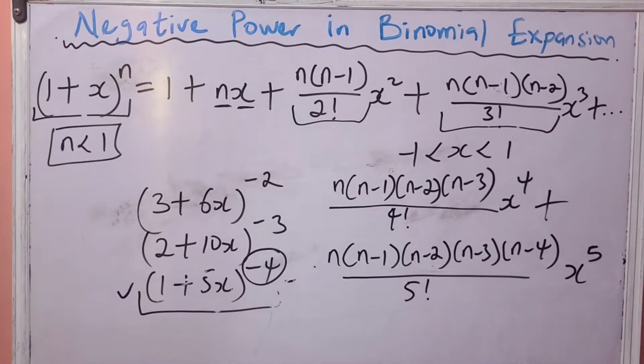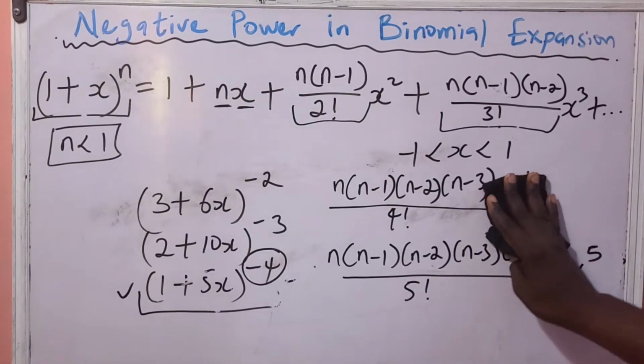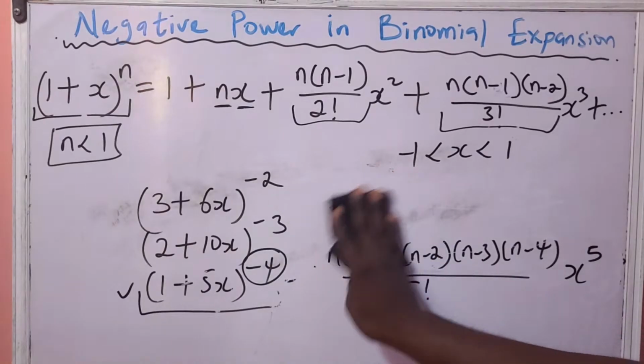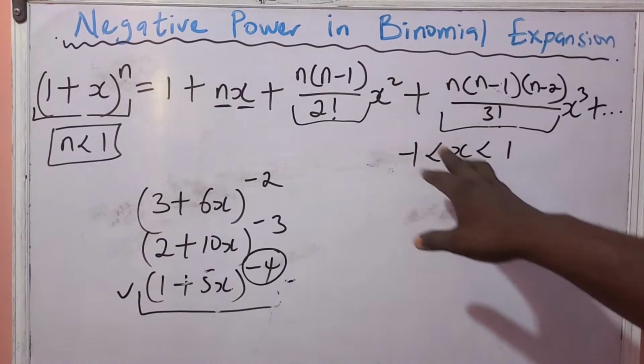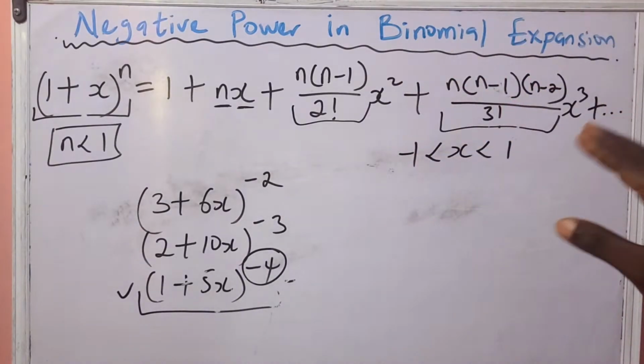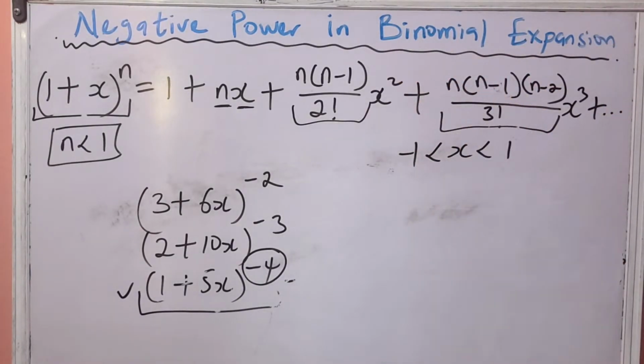All right? Good. Now that you understand that, let's now go to the next piece of the puzzle. Now I need to state this also, that remember I wrote something here. I wrote the value for x that makes this expansion defined. Look at it right here.